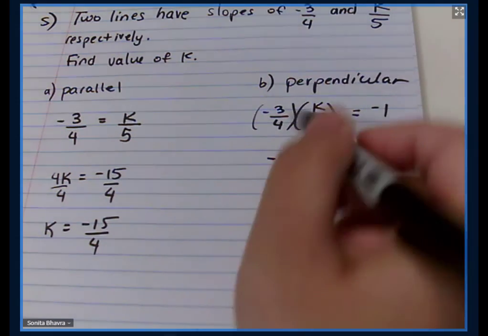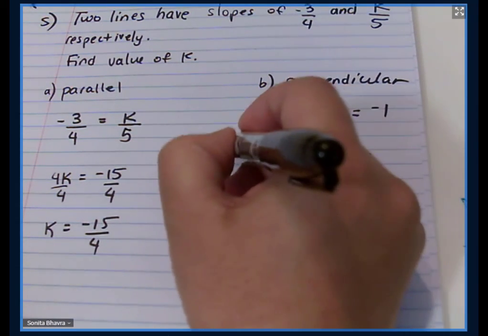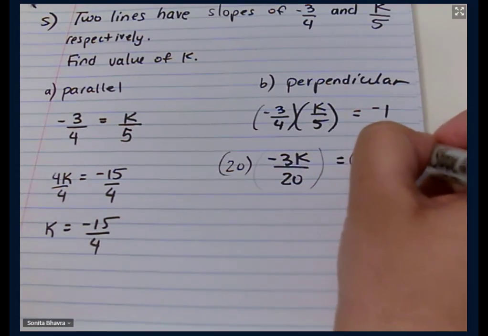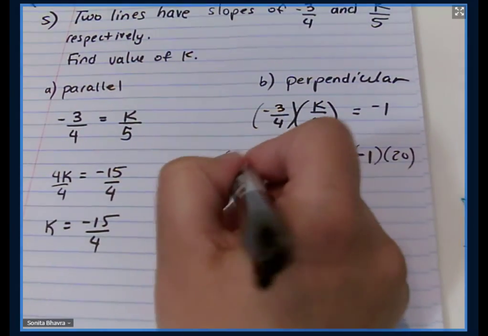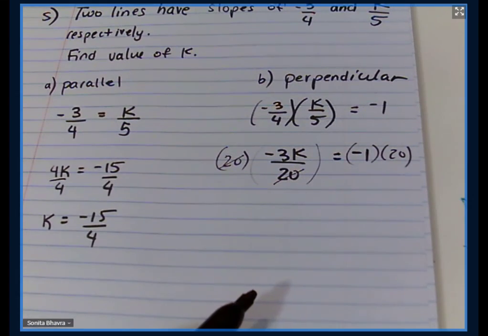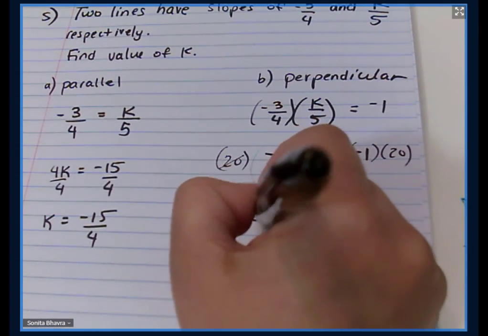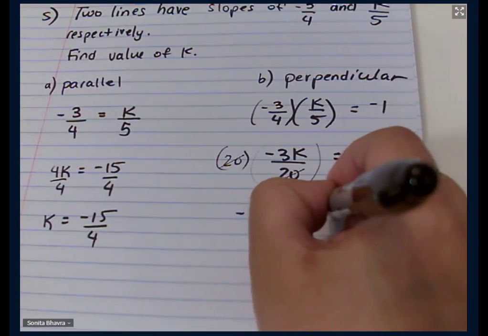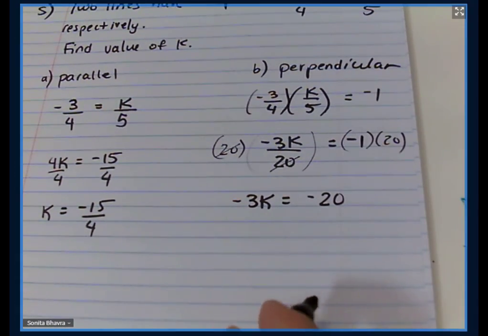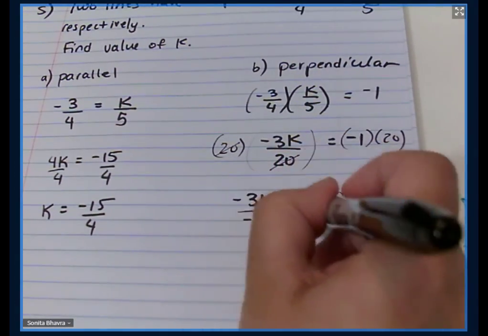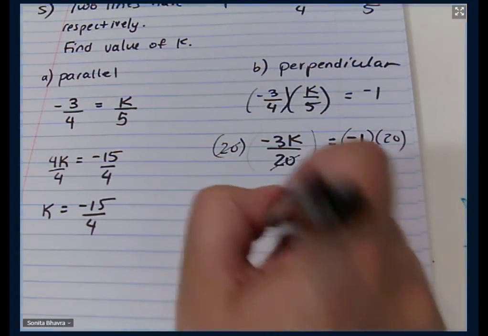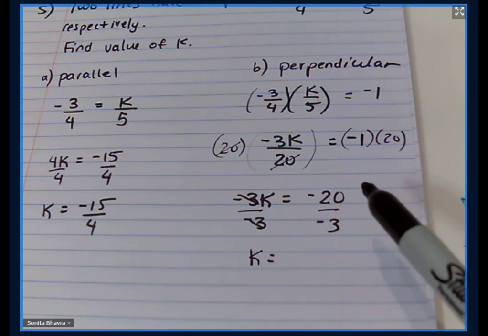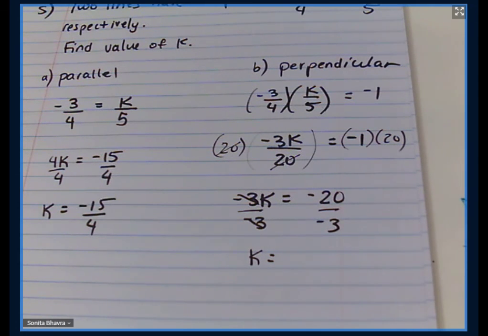I'm going to multiply by 20 on both sides. That gets rid of that fraction, and we have -3k is equal to -20. Divide by -3 on both sides. That leaves me with k is equal to 20/3. It's a negative divided by a negative, so 20/3.